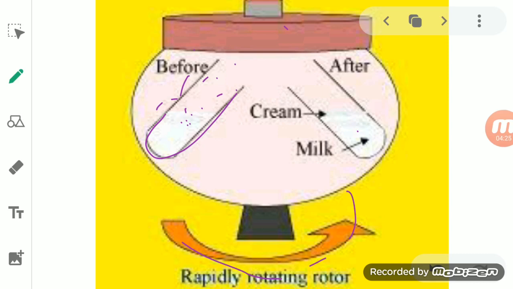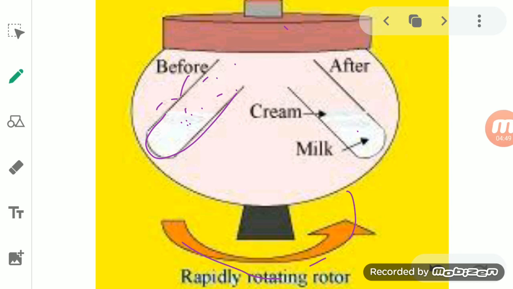So basically what happens when we keep all these things in a centrifuge machine for centrifugation, when we keep this test tube in a centrifuge machine, this machine rotates. That rotation can be driven by any force, with the help of a motor also.